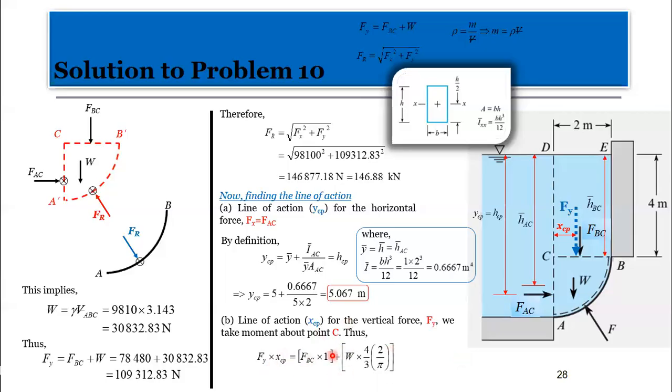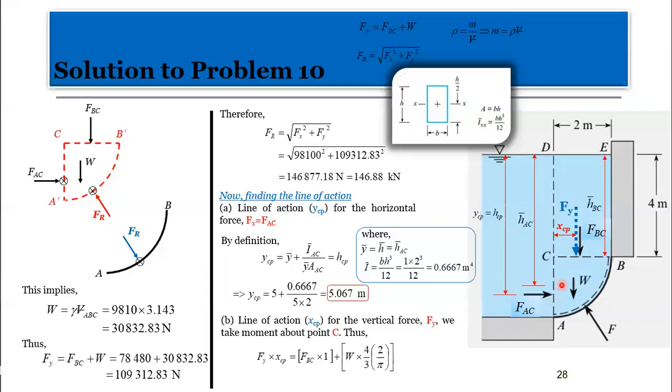If I take moment about point C, Fy multiplied by its moment arm XCP is equal to, remember, all these things will act in the same direction. By default, this is a resultant, so this part will be equal to that.